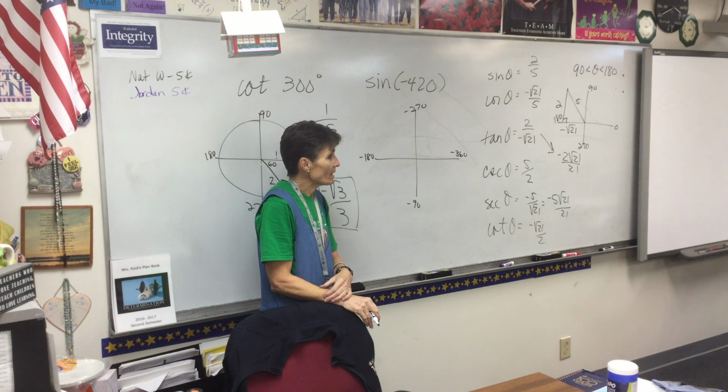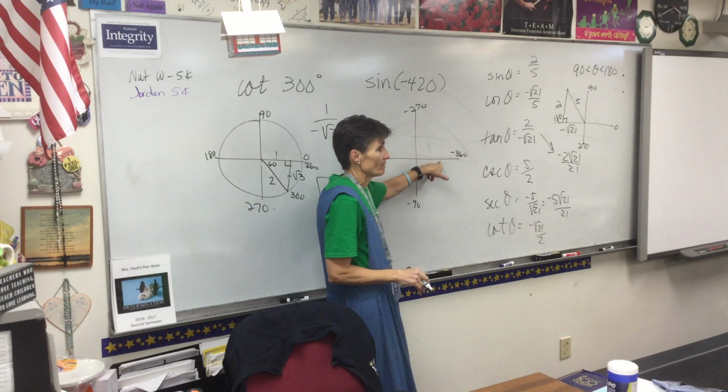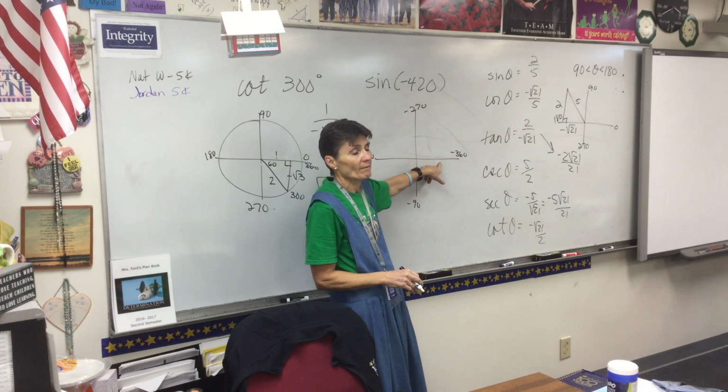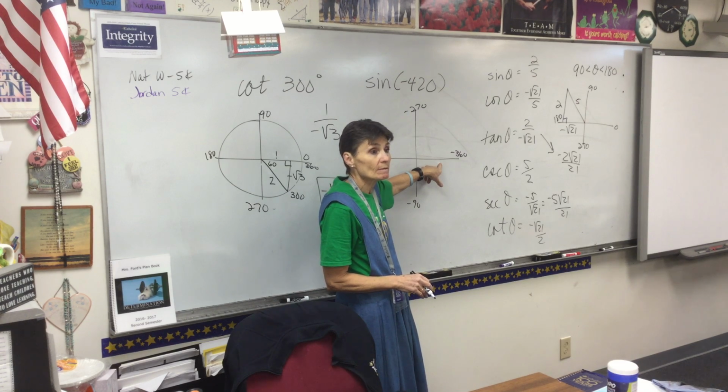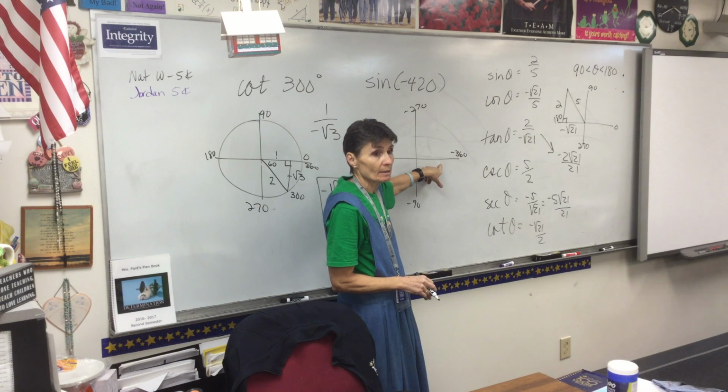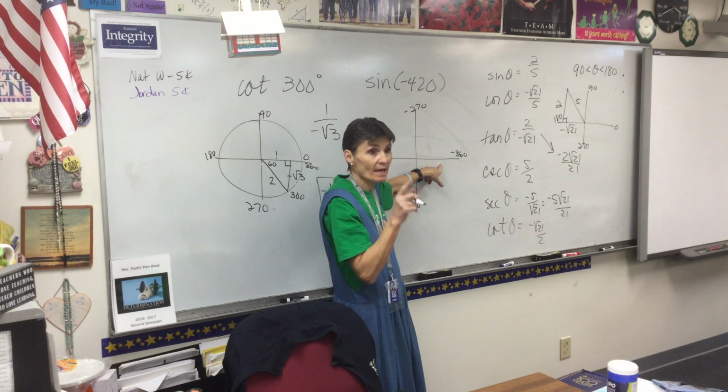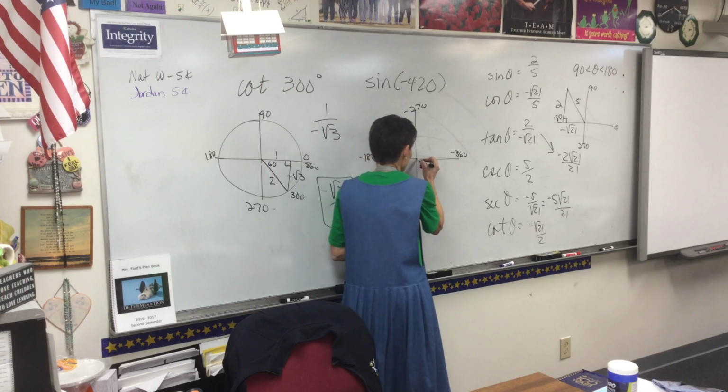That's more than once around. So if I went all the way around, now I'm back to here again. How much more would I have to go? How much? No, it wouldn't be 90. An extra 60. But it's negative 60. So I'm actually coming down here like this.